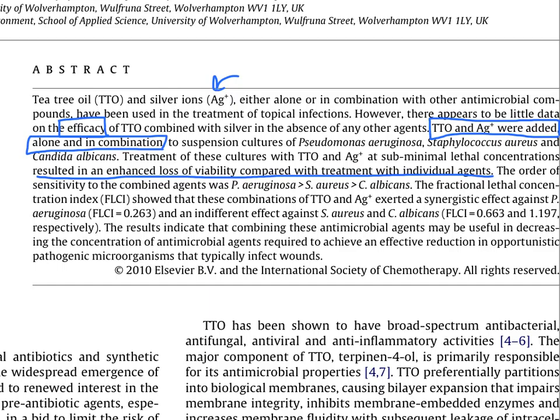Order of sensitivity to the combined agents was the Pseudomonas, then the Staphylococcus, then the Candida. So which one was more sensitive to the tea tree oil and silver combination?